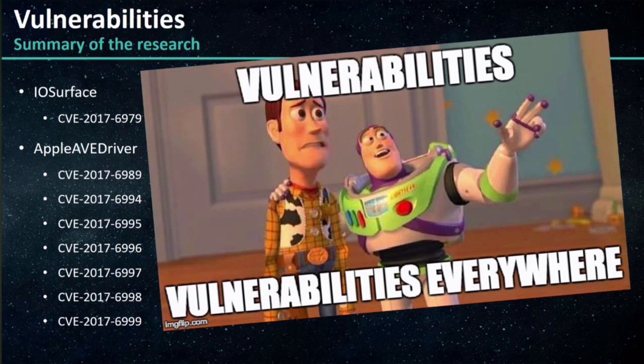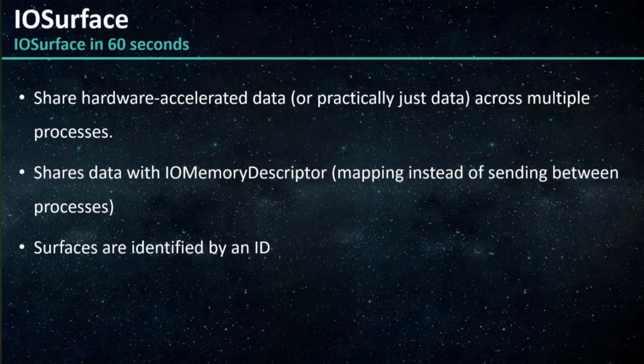Now, in order to understand some of them, we have to talk a little bit about IO surface. So 60 seconds about IO surface. IO surface is a kernel object which is used to share hardware accelerated graphics data, so frame buffers, for example. You can share them across multiple processes. The advantage of using an IO surface object and not actually sending the frame buffer data is that IO surface maps the data.